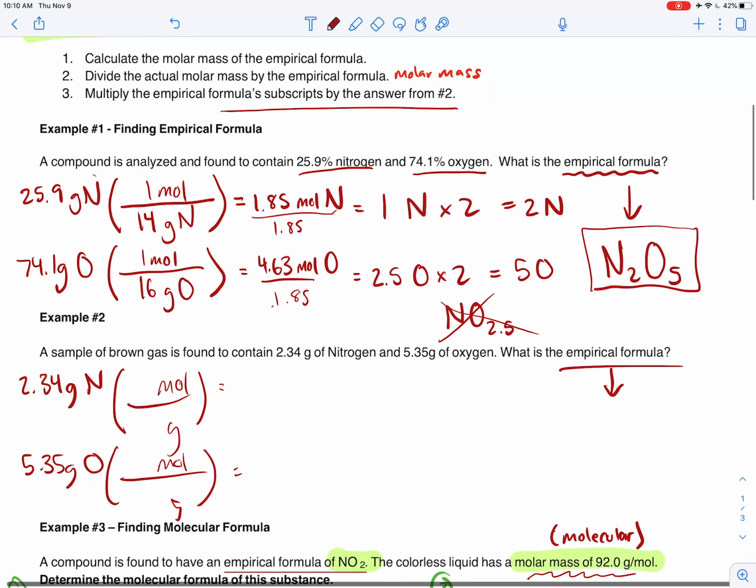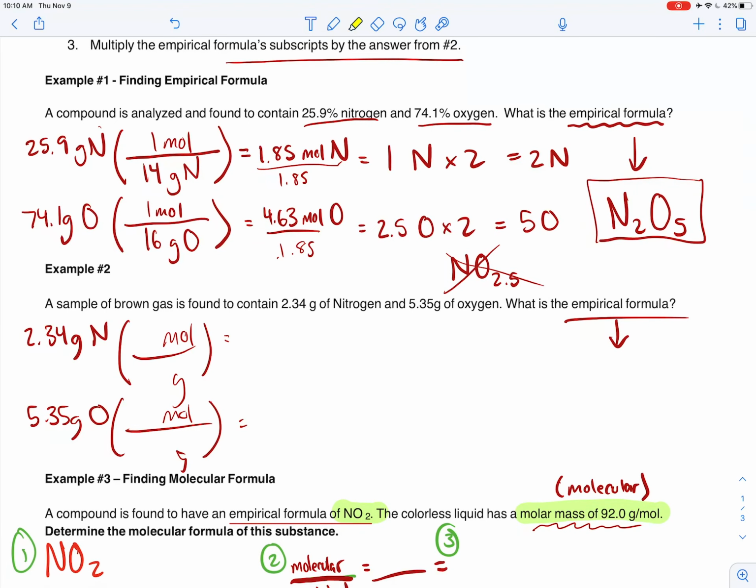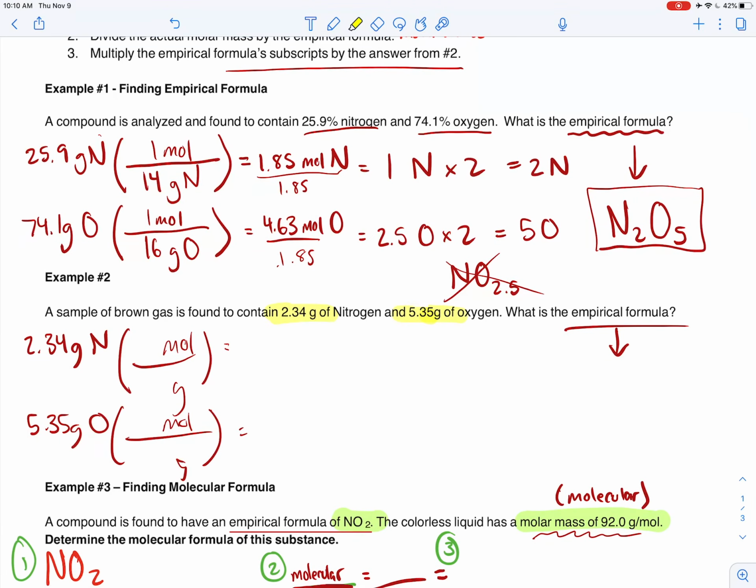Step 1 is already given to us because they've already given us grams here. We don't have to change that. So we'll just start with step 2, converting those grams to moles. Since we're using the same chemicals here, the numbers are going to be very easy. We've got our molar quantities.